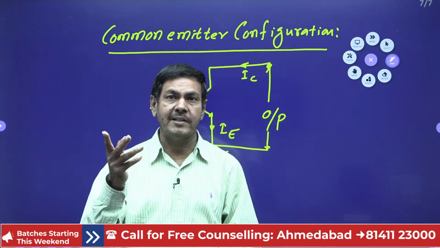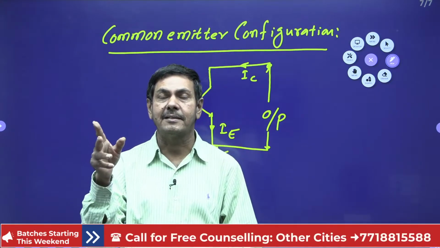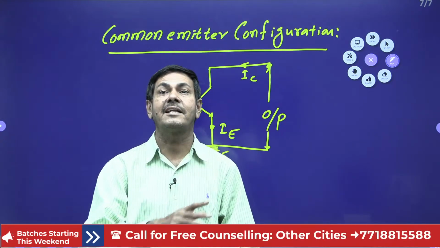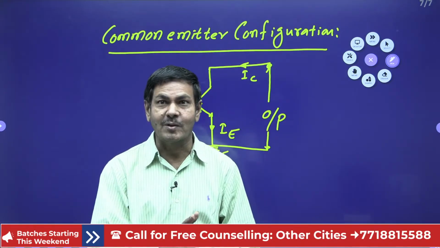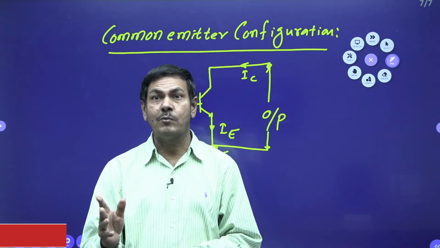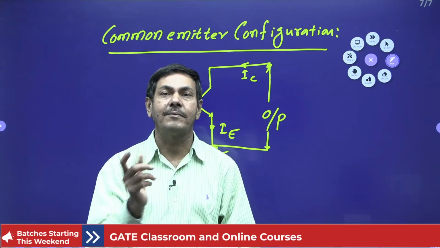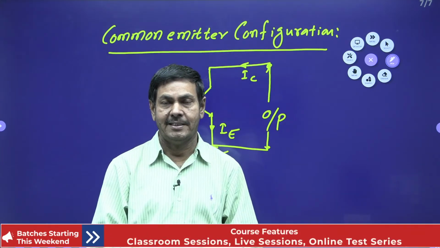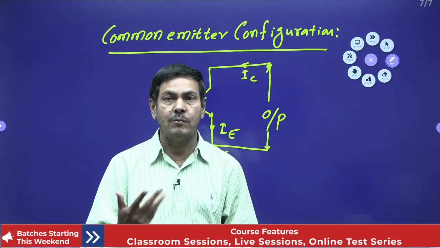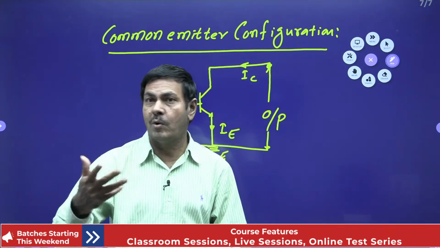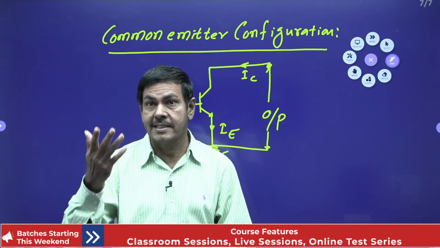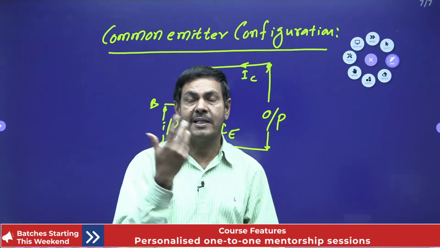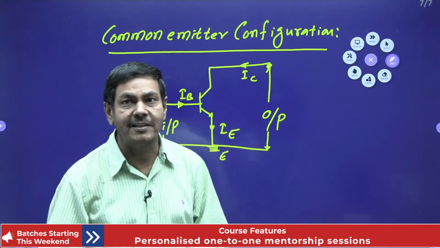When you compare common base and common emitter, the common base configuration has the more voltage gain as compared to the voltage gain you got from the common emitter configuration. In that case, I can't say the voltage gain in the common emitter is more. It is less than the voltage gain in the common base configuration.